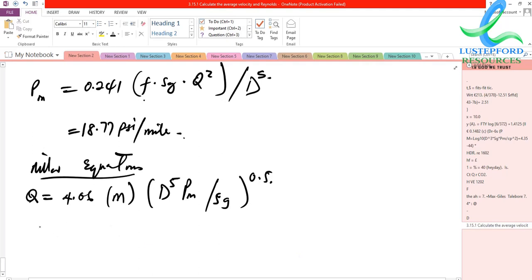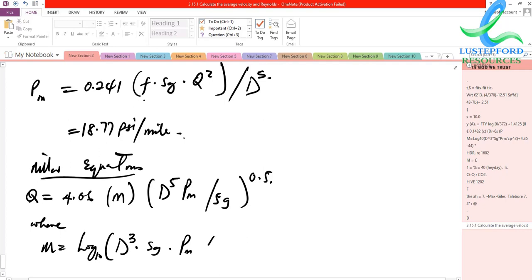And we also have, where M is equal to log 10 of D raised to power 3, where D is the internal diameter, D raised to power 3 times specific gravity times pressure drop per mile divided by centipoise raised to power 2, bracket close.